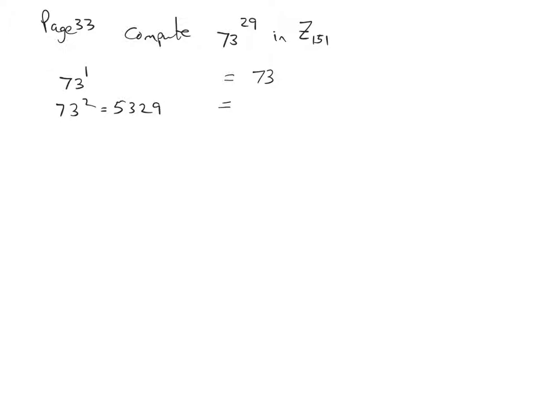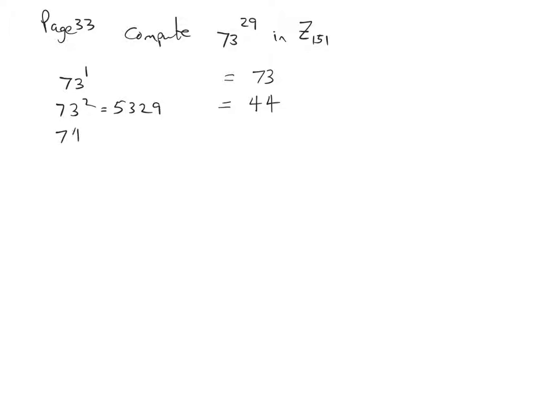So I take the 5329 I have sitting in my calculator and divide it by 151. I get 35 point and change. Then I subtract the 35 and multiply back by the 151. Fairly quickly, by that technique we studied on an earlier video, you can do this.